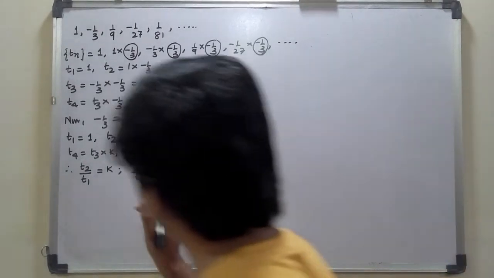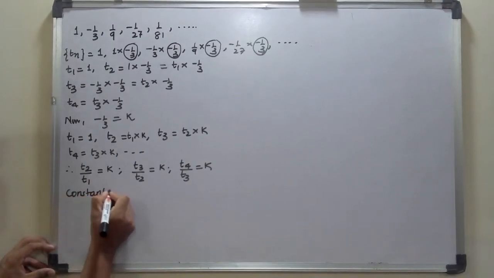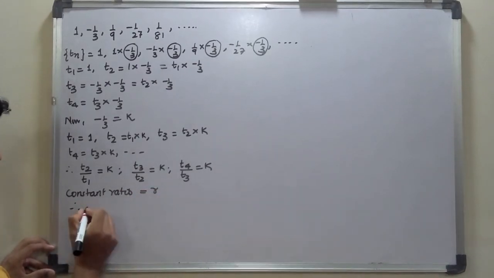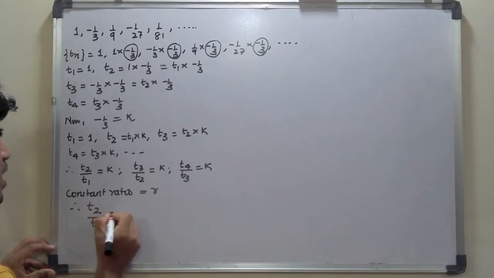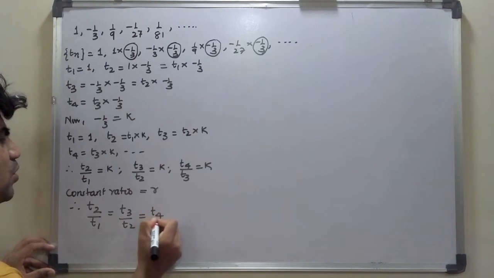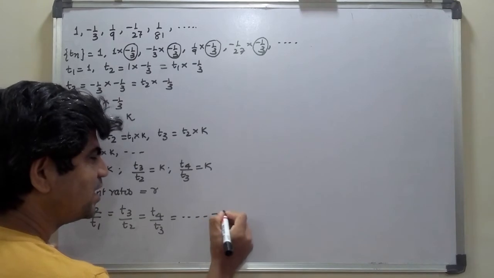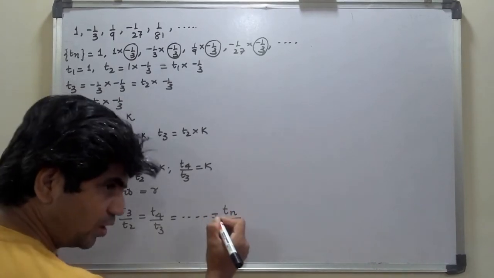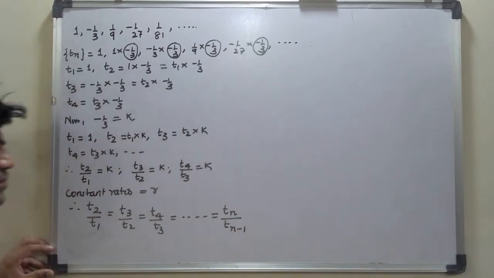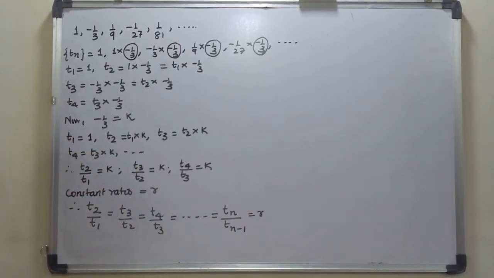Okay, so let that constant ratio be called R. Means what I get, term 2 by term 1 is equal to term 3 by term 2 is equal to term 4 by term 3, and so on, up to the nth term, that is the general term, and the previous term to it, that is Tn minus 1, and all this is R. Agreed?